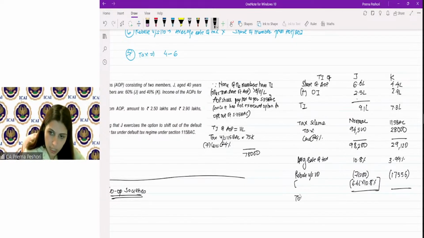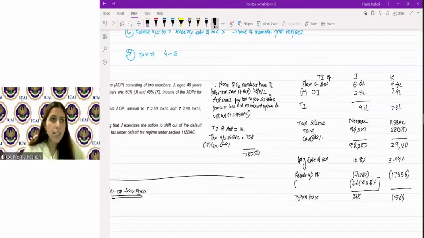So my total tax in this case will be 27,000, and in this case it will be 11,564.